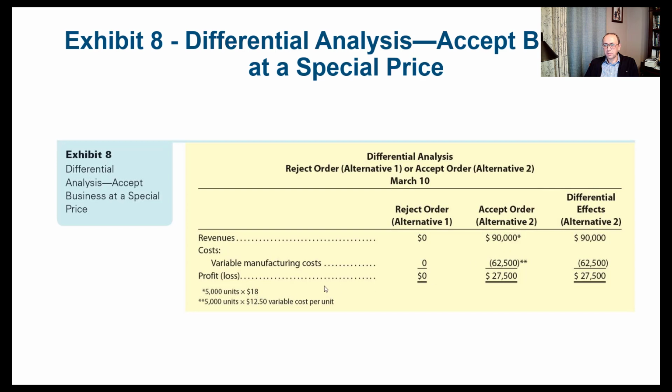The variable manufacturing cost is going to be $62,500, calculated as 5,000 units multiplied by $12.50. So our profit in this case is a positive number, which is $27,500. So if we do the differential effect, you see that there's actually a benefit in accepting the offer because we have a positive profit.